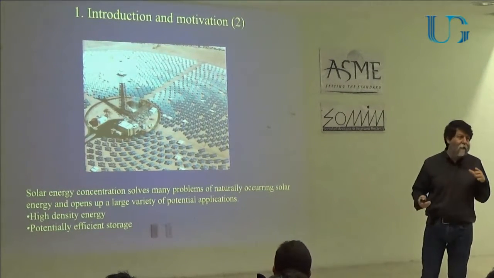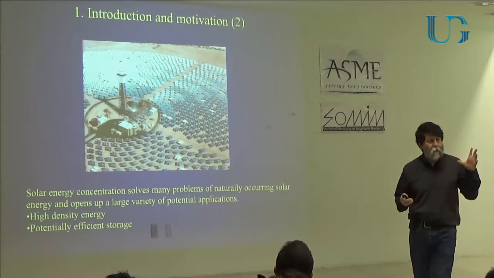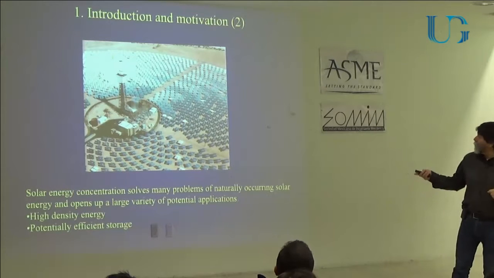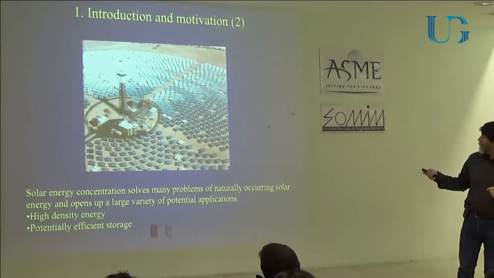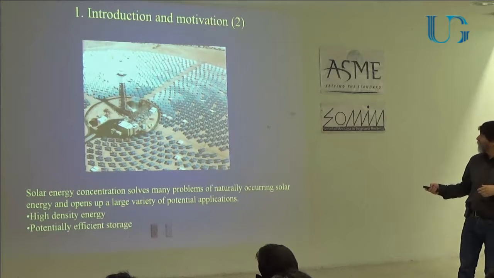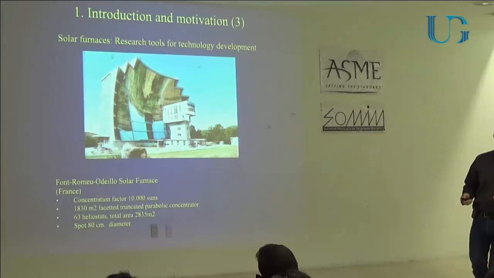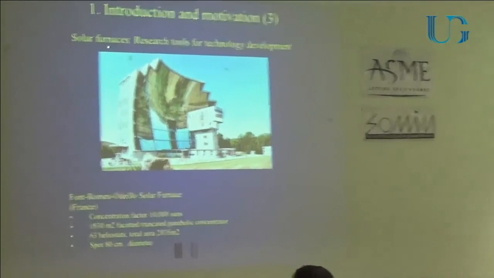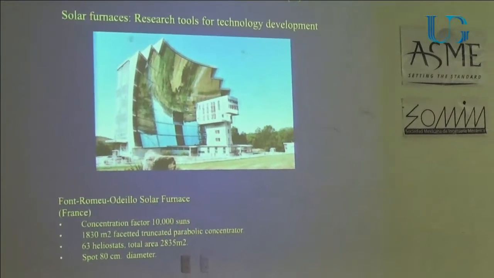But in my institute, we are trying to develop technologies to understand or at least be familiar with some of the technological problems of these kind of systems. What people have done is they have built solar furnaces. What do we mean by solar furnaces?